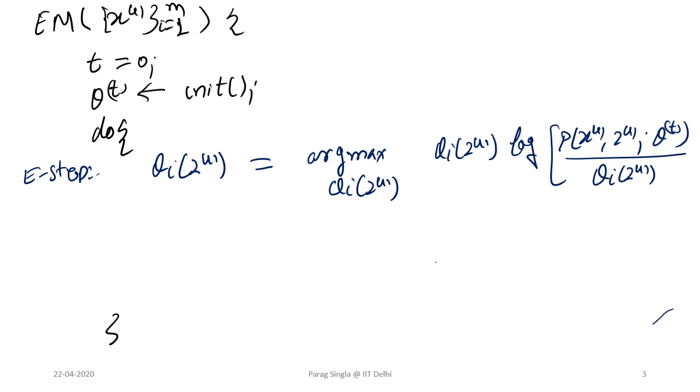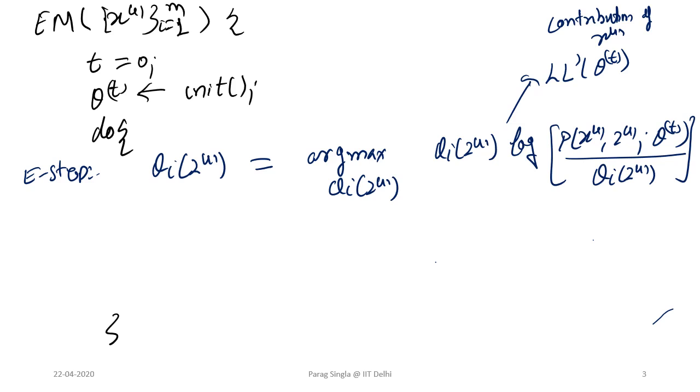So this entire expression is the lower bound at theta t, LL prime evaluated at theta t, and this is the contribution of example xi to LL prime theta t.